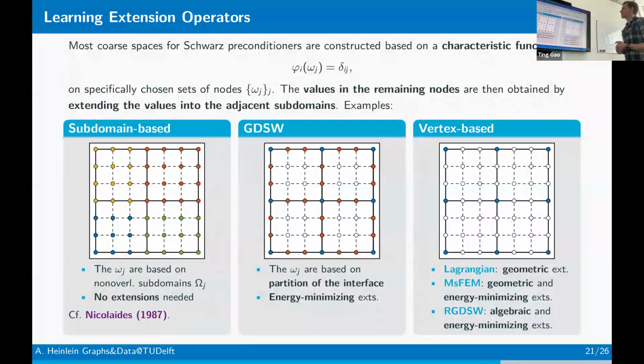Okay, so generally, and maybe this slide is a bit too detailed, the story now is, as I said before, this construction is very nice because you can do it algebraically, but it is actually still quite expensive, because in order to compute those basis functions, we have to solve these local problems.